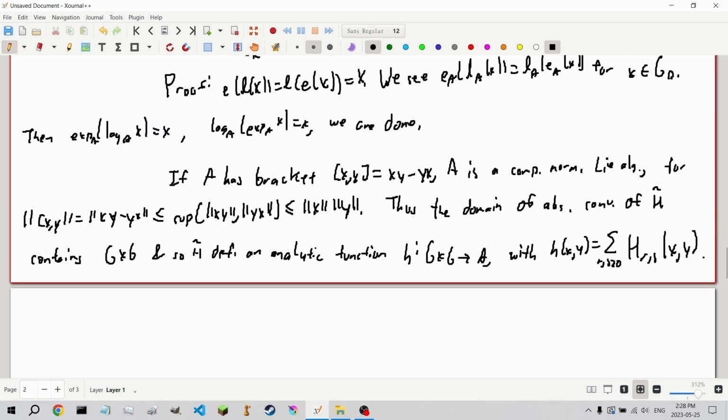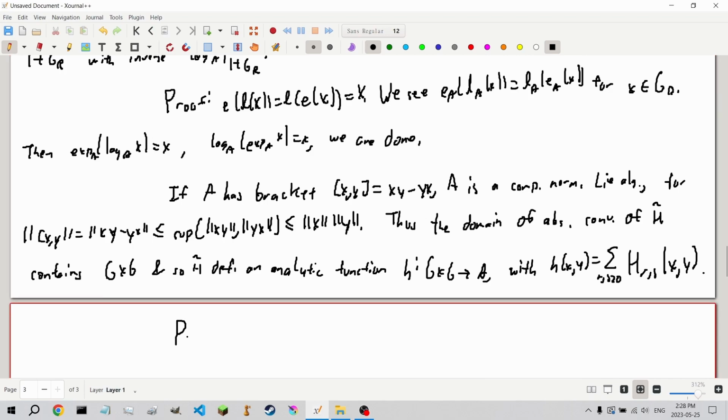We have one final proposition: for all x and y in G, the A exponential of x times the A exponential of y is the A exponential of H of x and y.